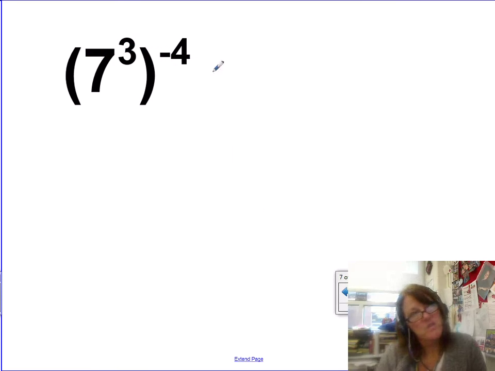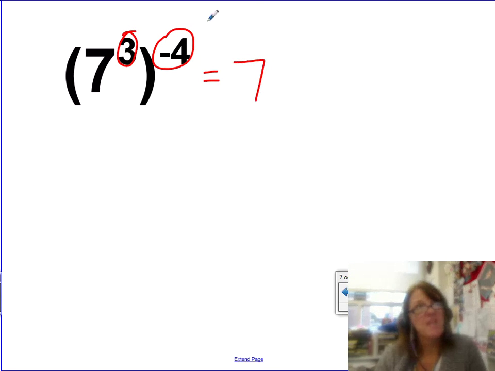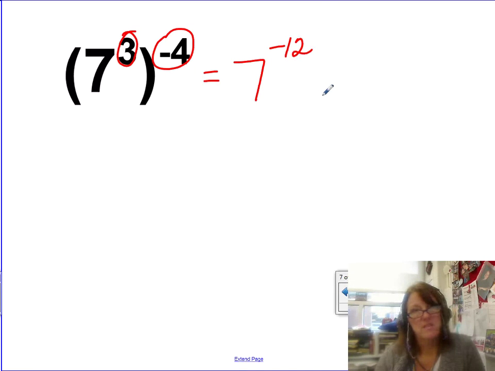All right, now this one, it's another negative exponent, but that's okay. You still do the same property. Keep the base, that's 7. 3 times negative 4 is negative 12. For today's purposes, you could leave your answer that way. Usually, we don't like to leave our answers with a negative exponent.